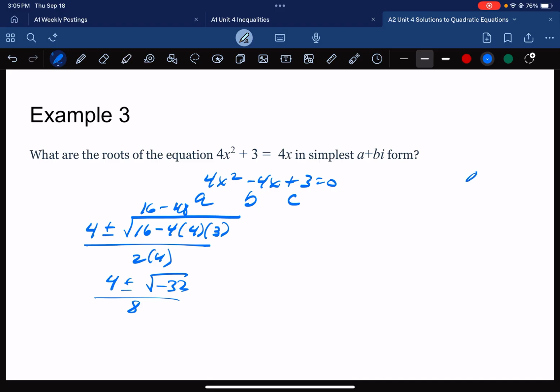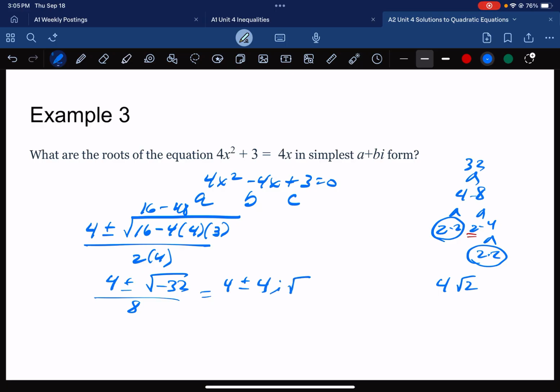I got to break 32 out. 4 times 8 is 32. 2 times 2, 2 times 4, 2 times 2. It's a bunch of 2's. There's a pair of 2's, there's a pair of 2's, and there's this lone 2 that's left over right there. So we got 2 times 2 is 4, and then a root 2. So this is 4 plus or minus 4, because it was negative 32, it's i root 2 over 8.